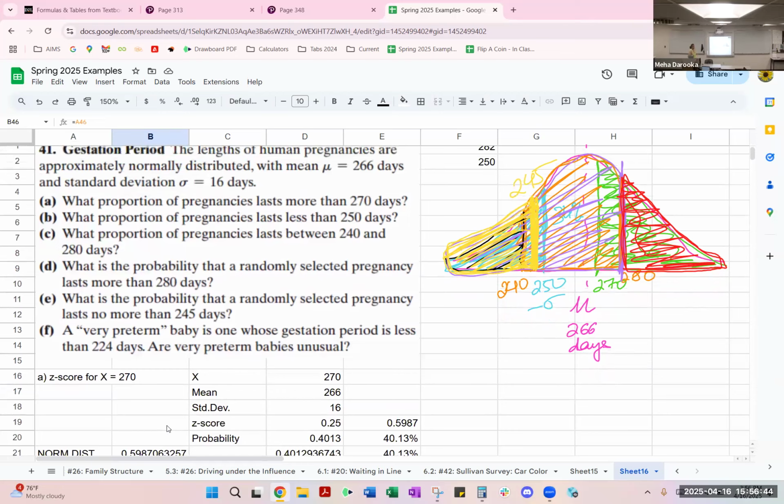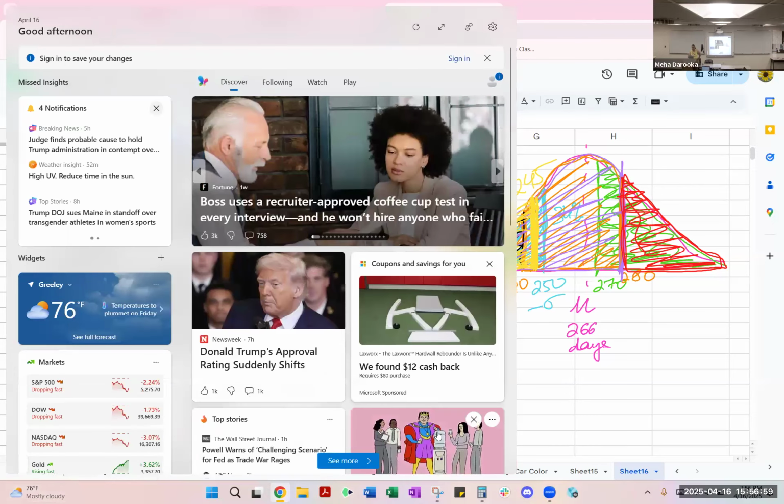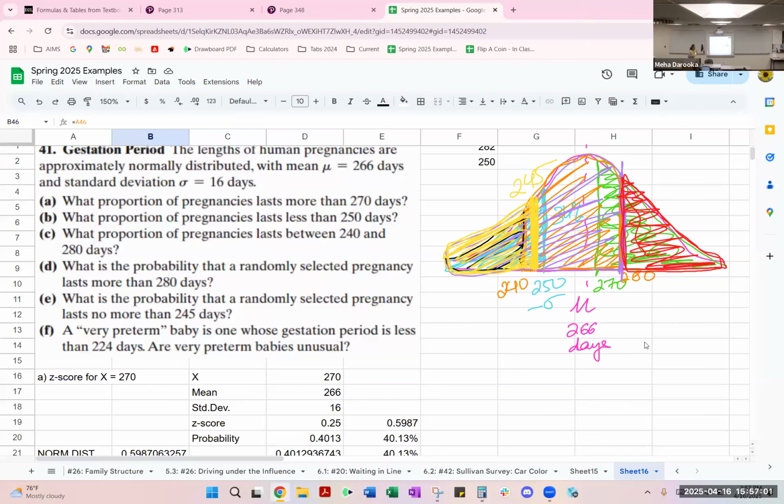Okay, a very preterm baby is one whose gestation period is less than 224 days. Are very preterm babies unusual? And of course, we can see 224 will be really close to that tail, wouldn't it, on the left hand?